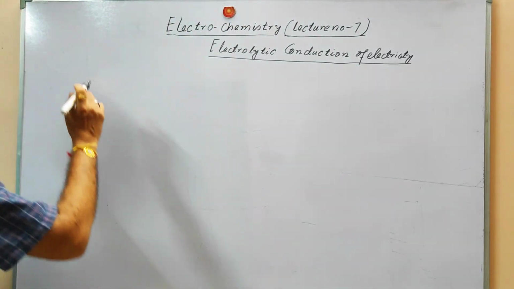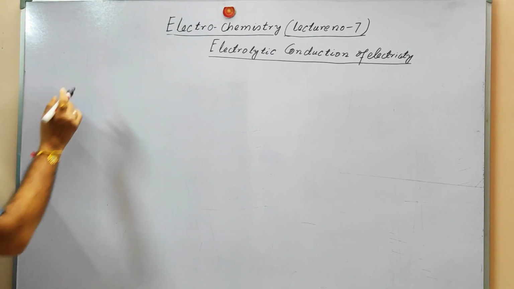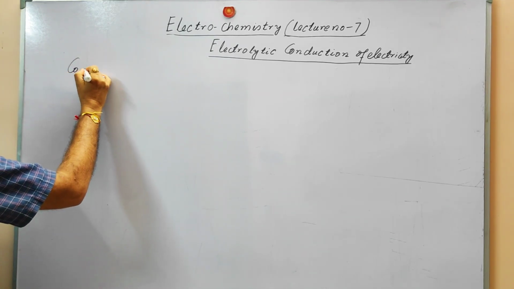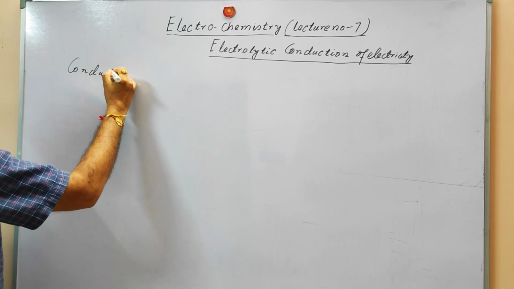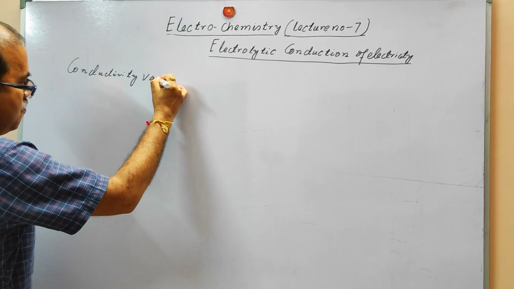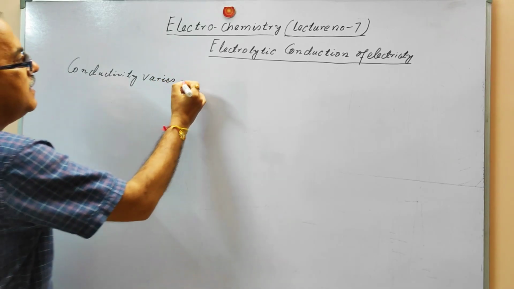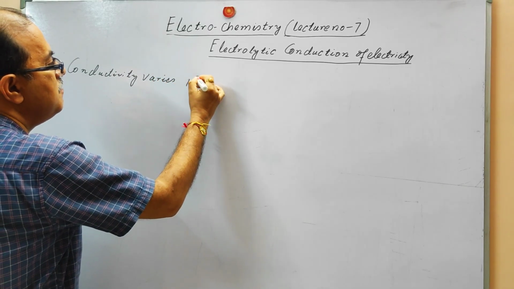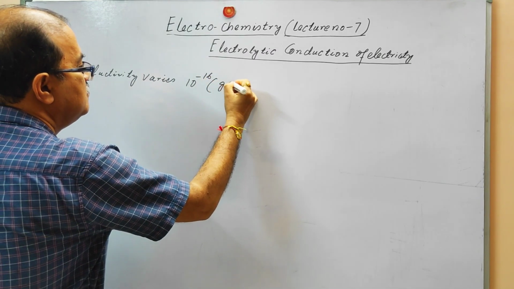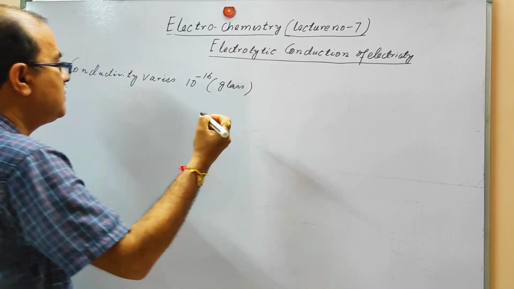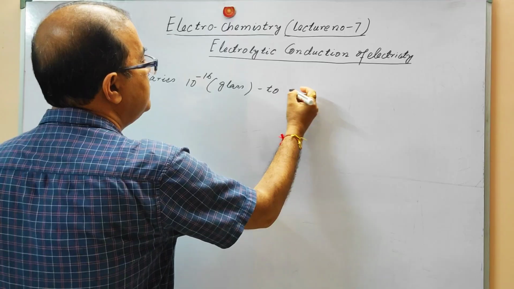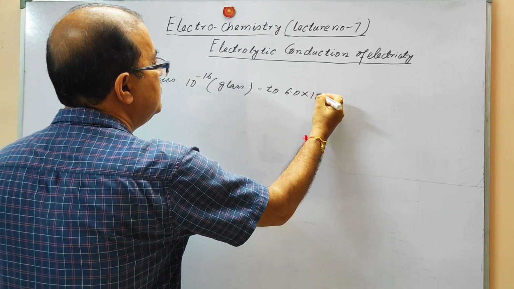Conductivity varies from 10 to the power minus 16, that is the conductivity of glass, to the conductivity of silver, which is 6 into 10 to the power 3.